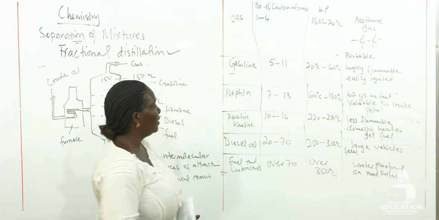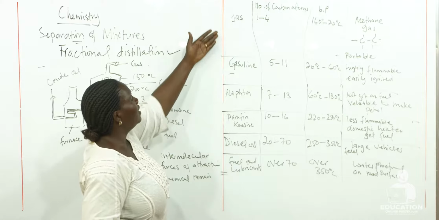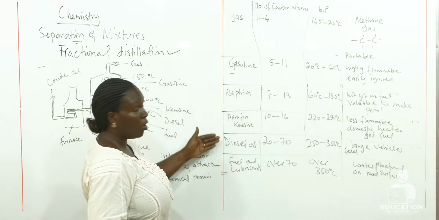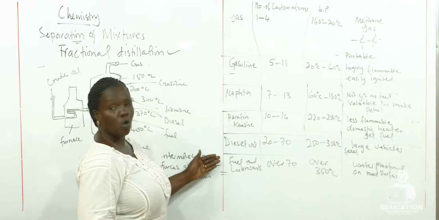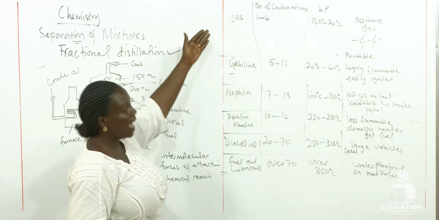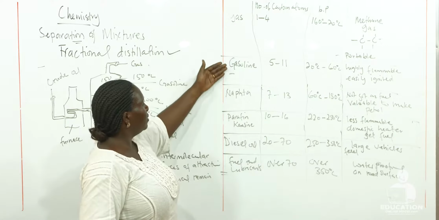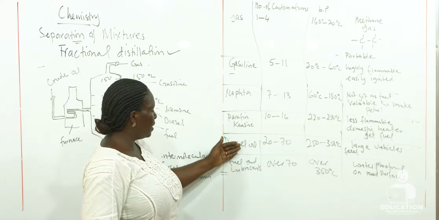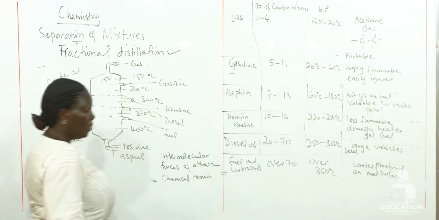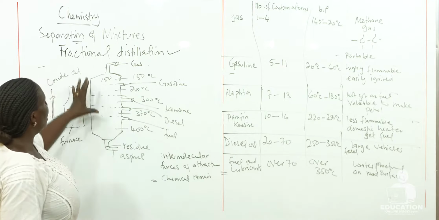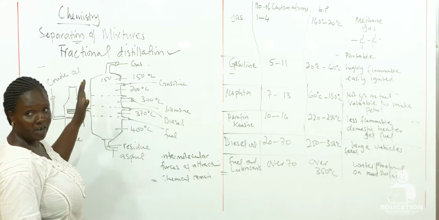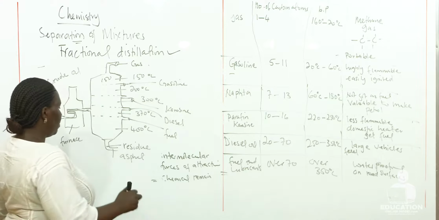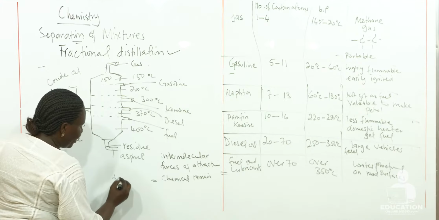So when we look at this table, these are the various components of crude oil. We have the gas, gasoline, naphtha, paraffin or kerosene, diesel, and then the lubricants. So all these will be obtained in the fractionating column, and in this fractionating column there are what are called trays.